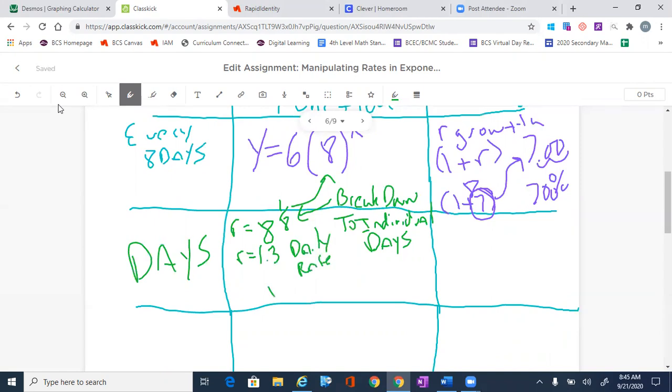And I'm just going to write y equals our original amount, which was 6, and our daily rate 1.3 to the x. And now that is our daily equation for the bacteria growth, which if we go back to the 1 plus r, I know that would be 1 plus 0.3. And if I take 0.3 and move it over, it becomes a 30% growth.